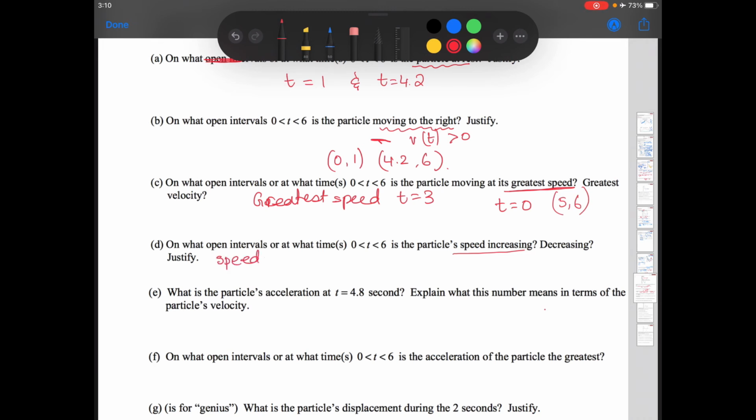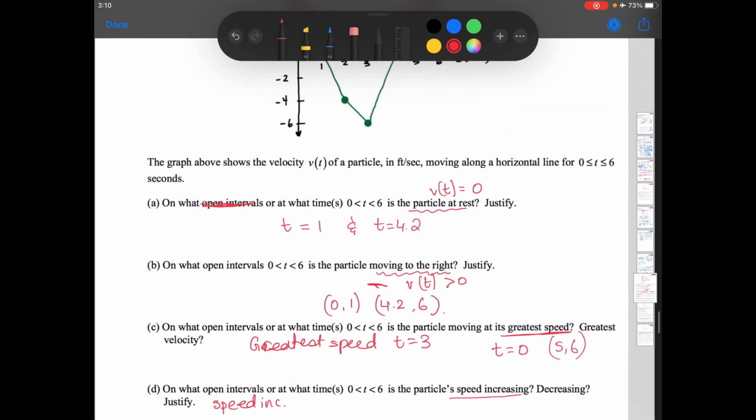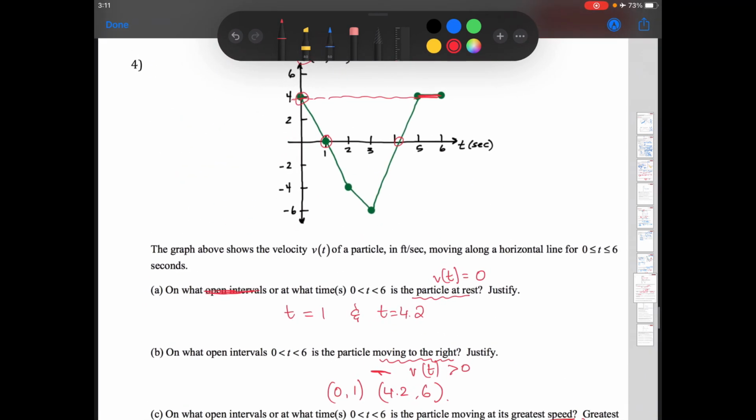Speed increasing is when velocity and acceleration are the same. Here, velocity is positive and acceleration is negative from 0 to 1. From 1 to 3, velocity is negative and acceleration is negative, so speed is increasing. From 3 to 4.2, velocity is negative, but acceleration is positive.